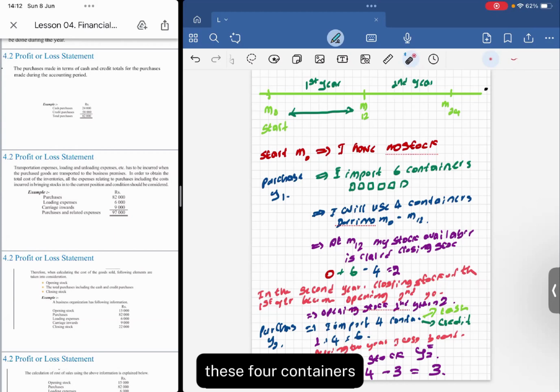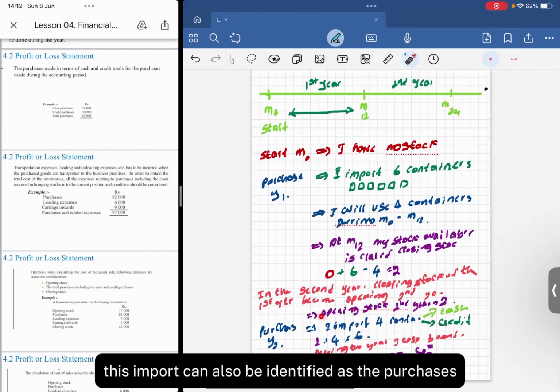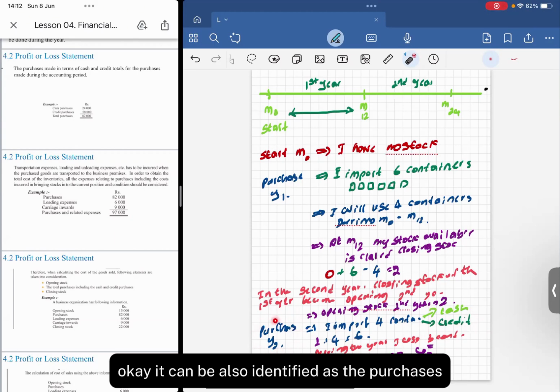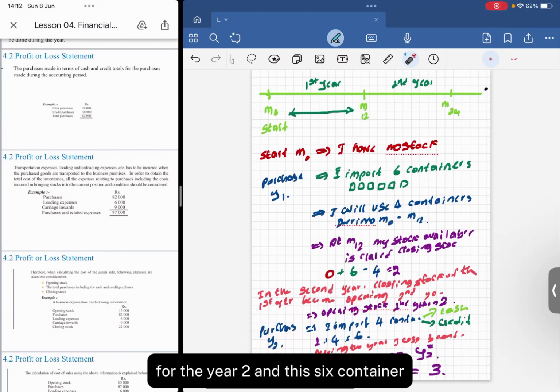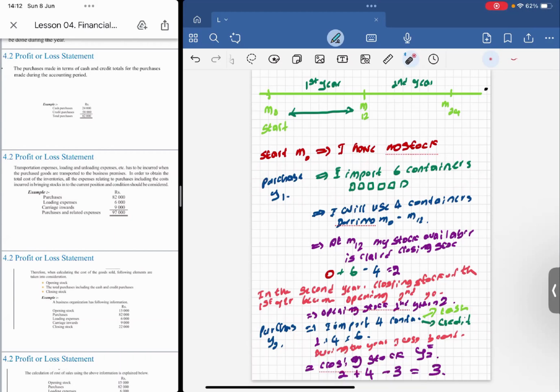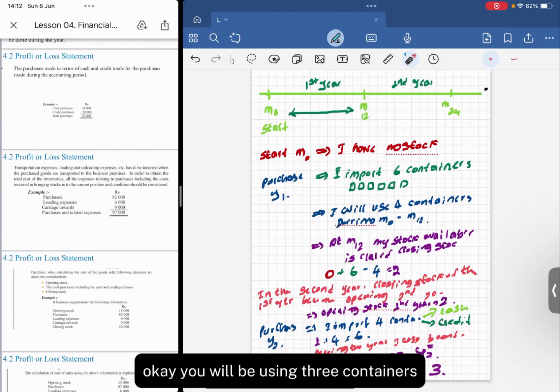These 4 containers, let's say some you import in cash and some in credit. This import can also be identified as the purchases for year 2, and the 6 container importation is the purchases for year 1. Now during the year, you will be using 3 containers.